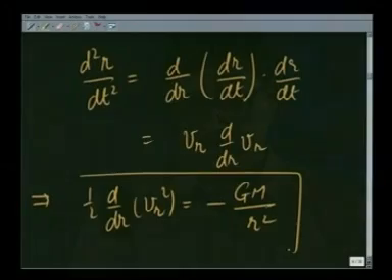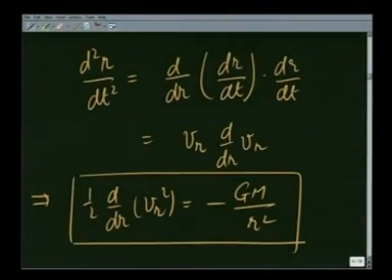This is an equation which can be easily integrated with respect to r to obtain velocity as a function of the radial distance from the center, or the height from the surface of the earth. So, the need to eliminate t gives me a slightly different equation.